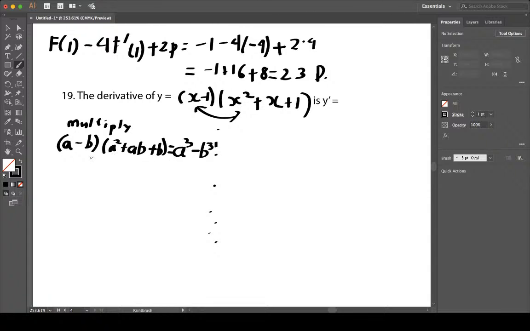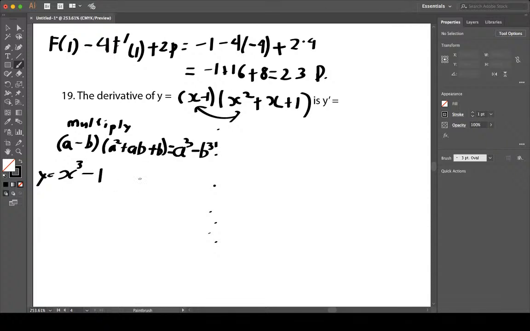So when you check, it's x minus 1 times x squared, that's a squared, plus x times 1, plus 1, which is in fact true. So y equals x cubed minus 1 cubed, which is 1.